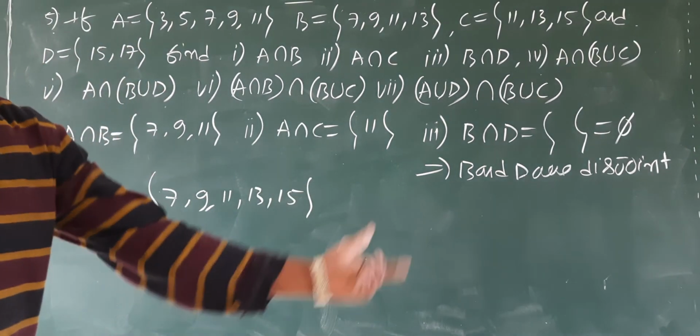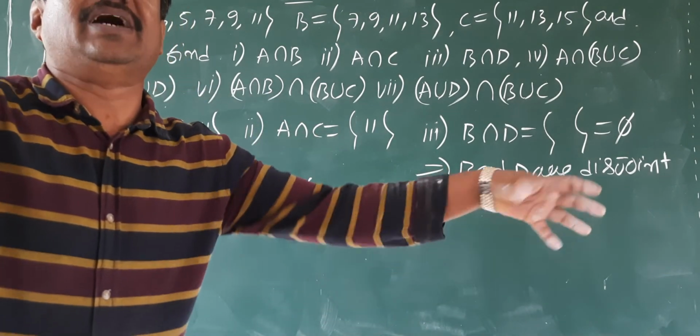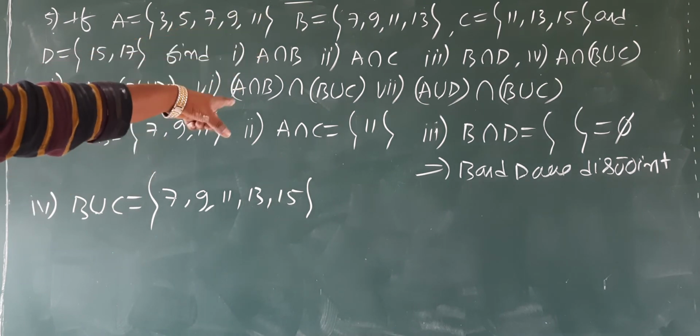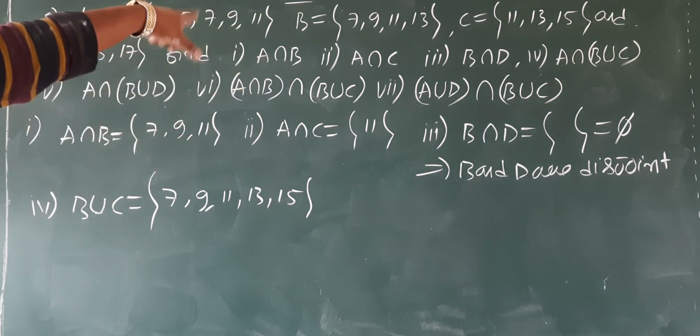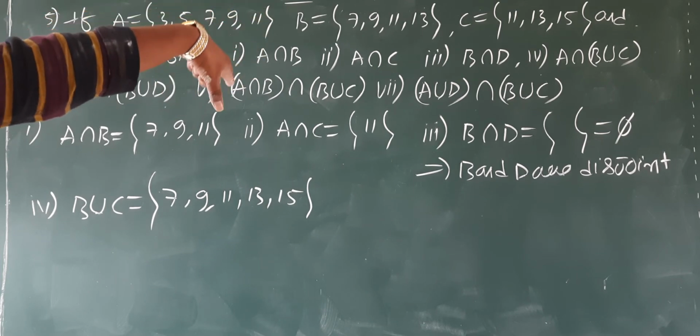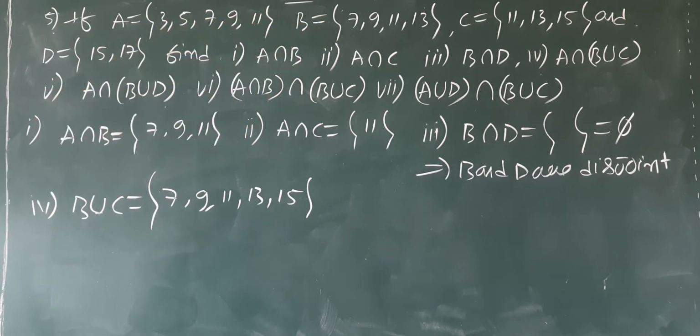Union means uniting, gathering, collecting from both. So B union C is 7, 9, 11, 13 already collected, 15.